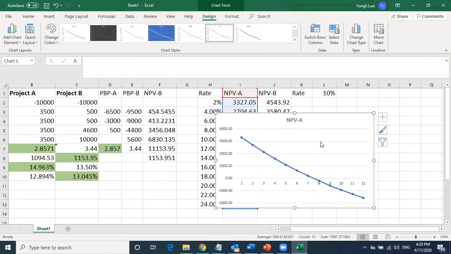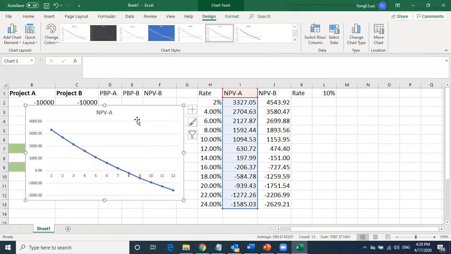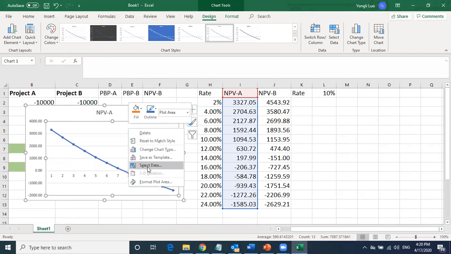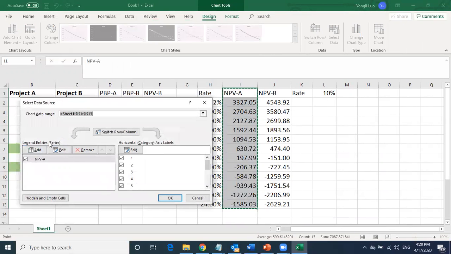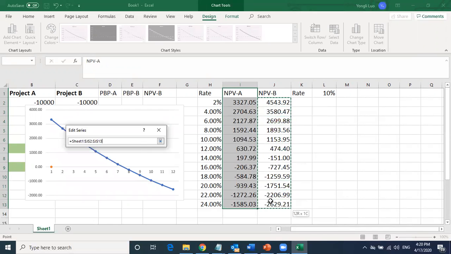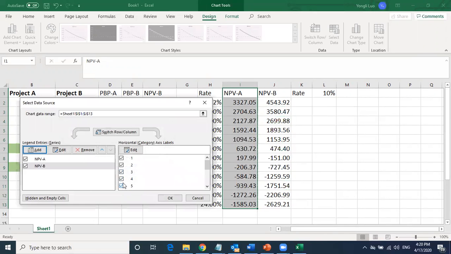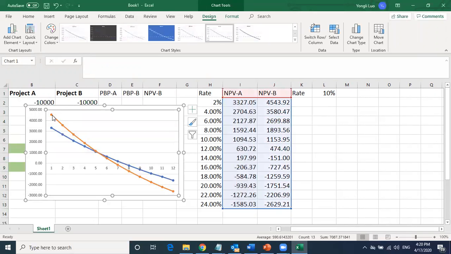Then we add project B here: right click, select data, and add project B. Now we have the net present value for projects A and B.